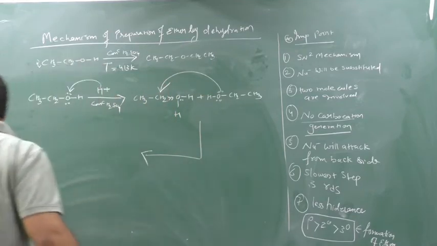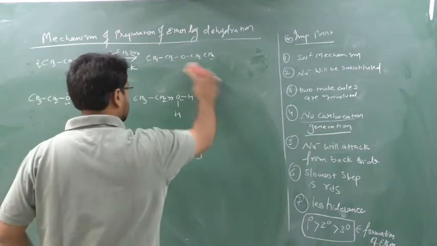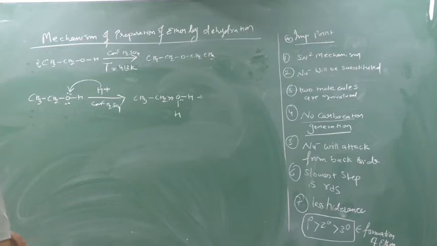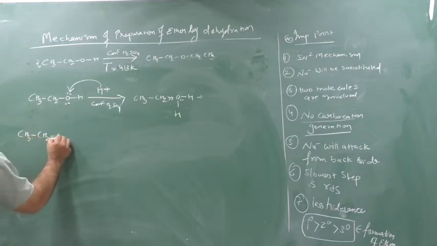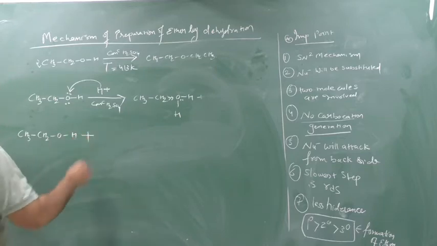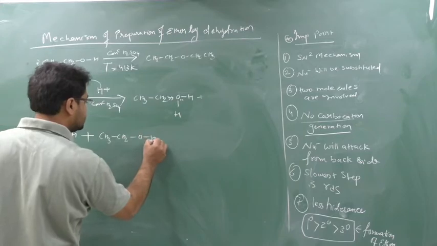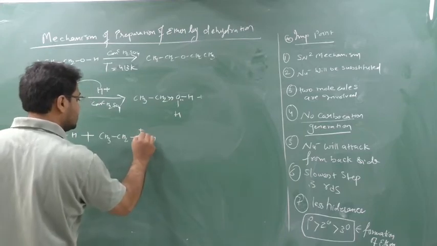Or I will show it another way so that it will be very clear to you. See this now. With the first molecule I have generated this. Now the second molecule, CH3CH2OH, will come into the picture and react with this molecule, with H plus.